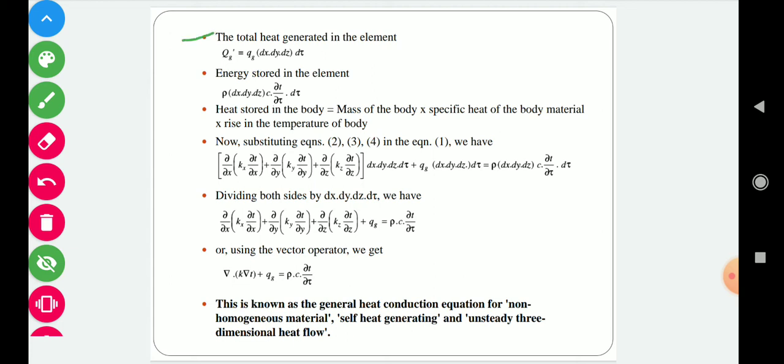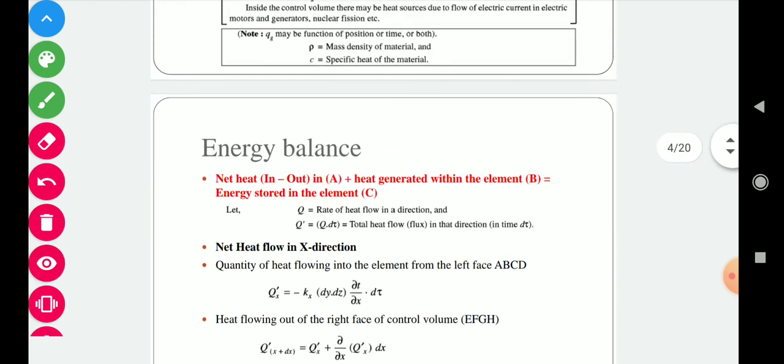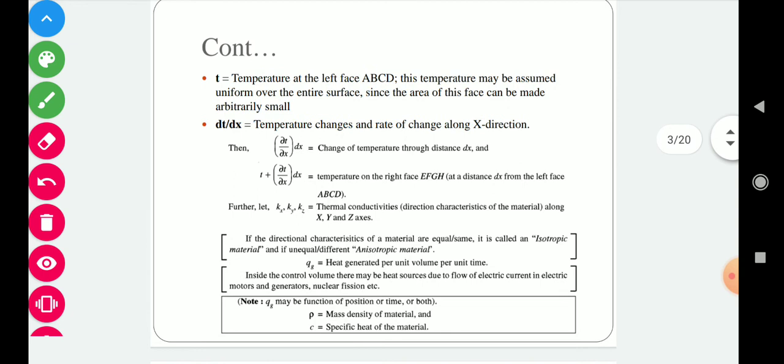Heat generation again will be equal to qg into volume into d tau, because this qg is heat generation, that I think I explained in my previous slide, that is here. As you can see, this qg is heat generated per unit volume per unit time. So to make units uniform for all quantities, you have to multiply this by volume and time.